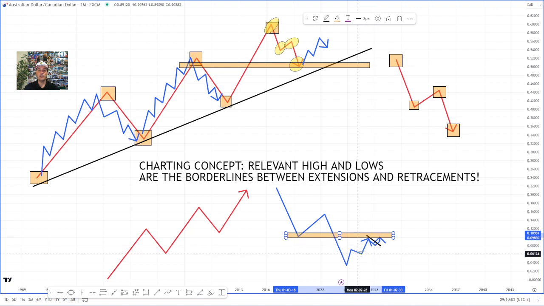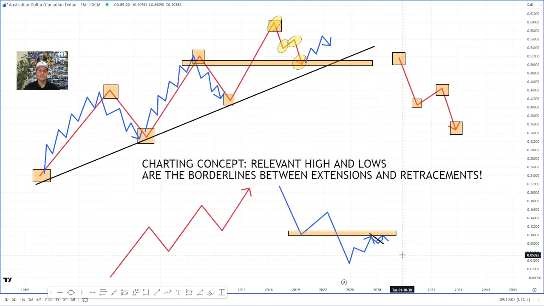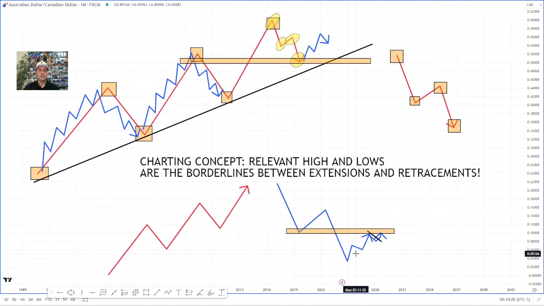Why? Because you are buying a retracement on the downtrend. Okay? You believe that you're buying an uptrend, which is really not. It's a retracement on the downtrend.